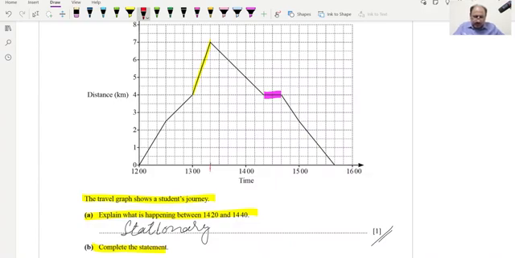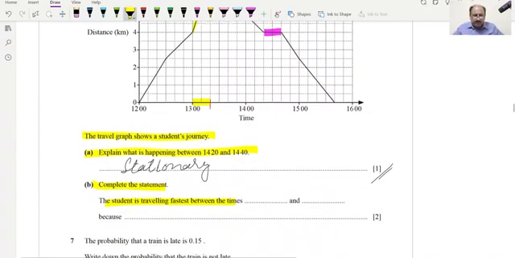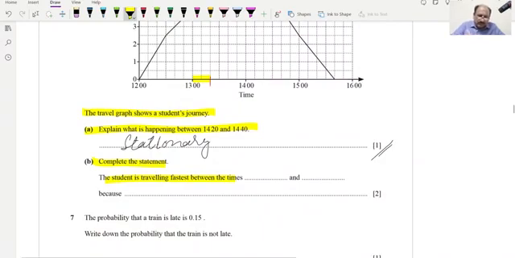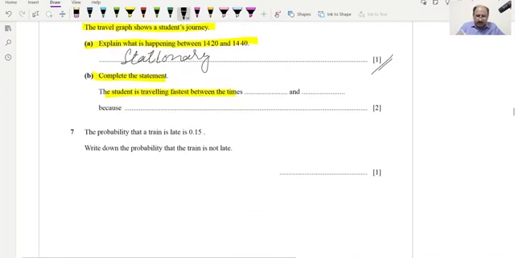So this is 1320. So we can write here, this will be 1320, and our answer will be 13 and 1320, because the gradient or slope is steepest.